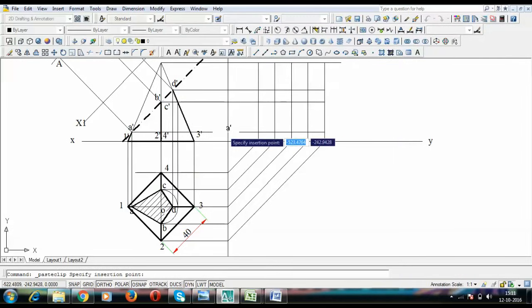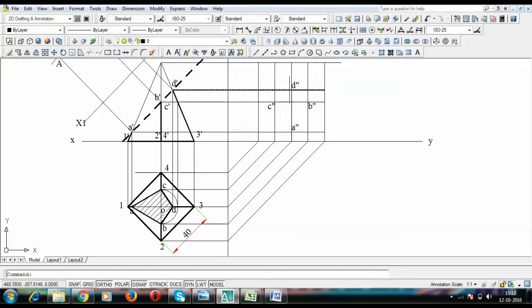Double dash corresponds to side views, in small letters. Secondly, we have points B and C, and for C we have this line over here. C is going to intersect somewhere here. This is going to be point C double dash, and this is going to be B double dash. Now the only point left is point D. This is the middle line over here, and it should intersect somewhere here. This is going to be point D double dash.